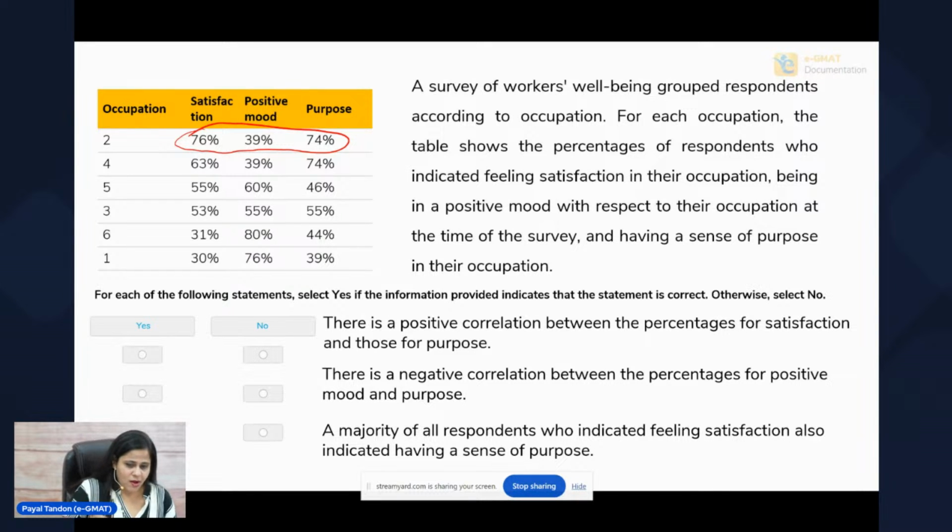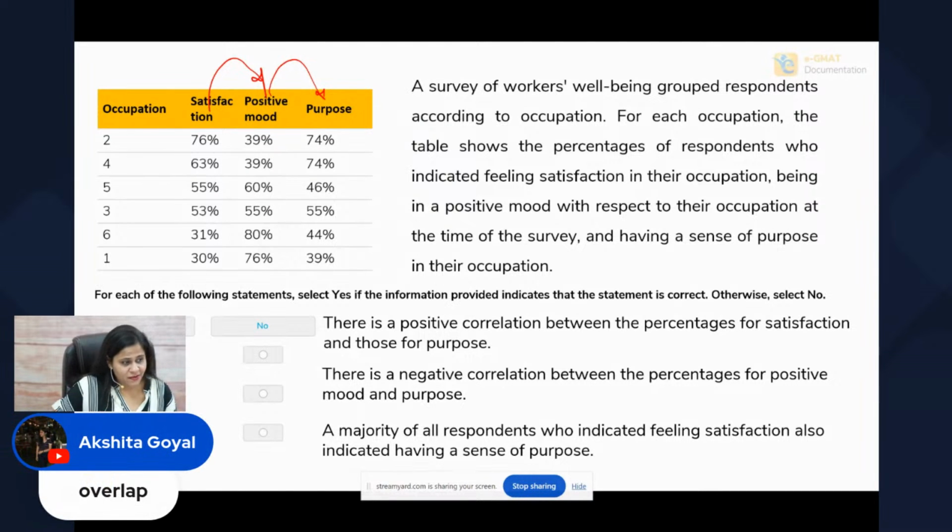Essentially, a person who's satisfied could also say that I have a positive mood. That same person could also say that I have a sense of purpose. There is an overlap. Absolutely, Akshata, there is an overlap. And drawing that inference is very, very important, that there is an overlap in these columns.